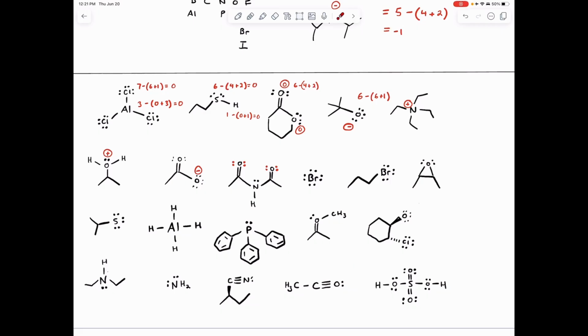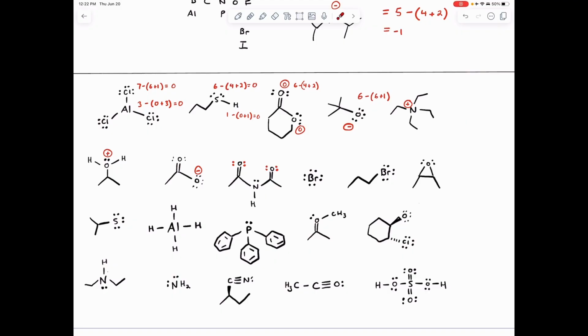Most of the time, you are going to see formal charges at the extreme of -1 and +1. It is extremely rare for you to see anything bigger. +2 and -2 are the far, far reaches, and they're about as rare as the Easter Bunny in this class.